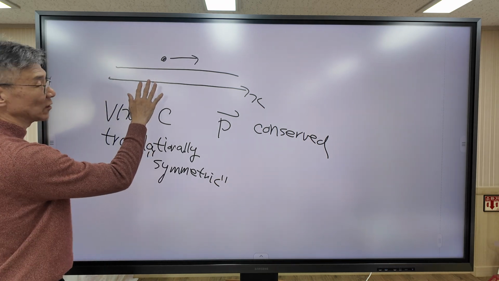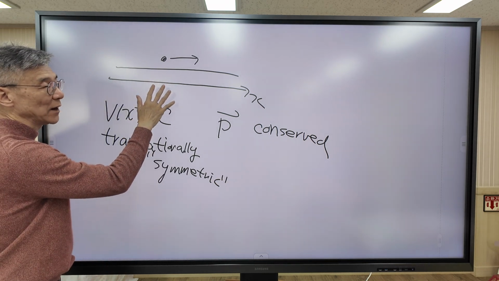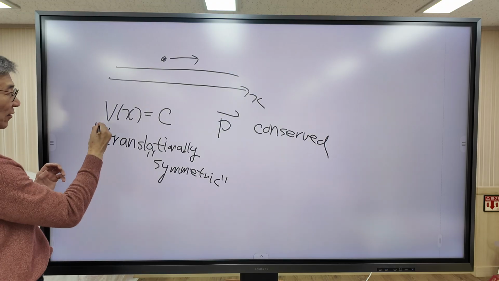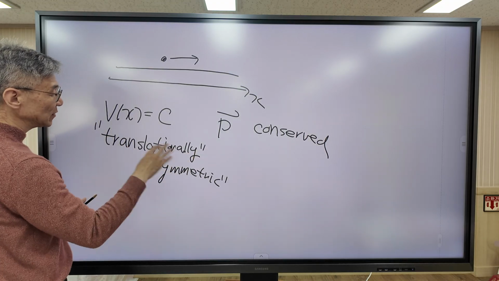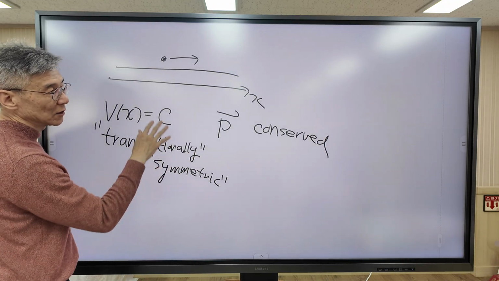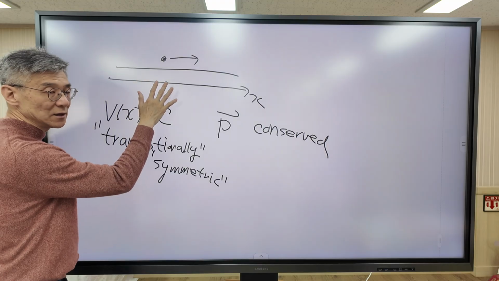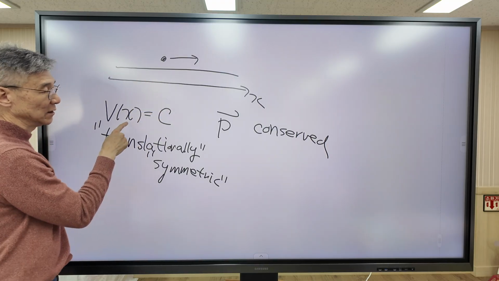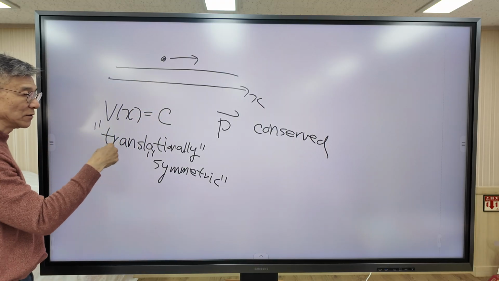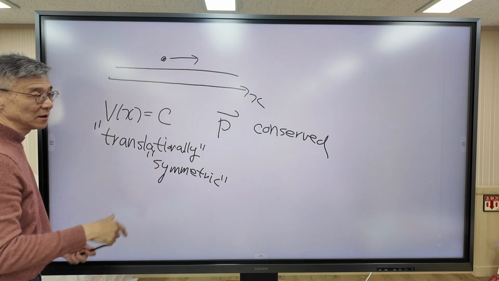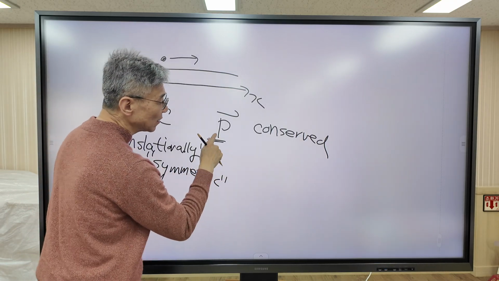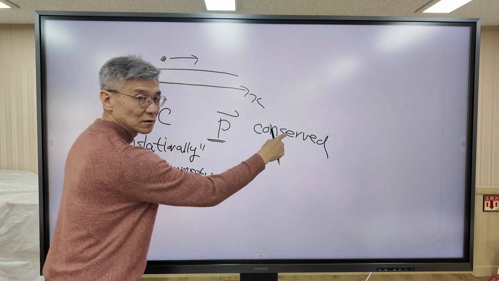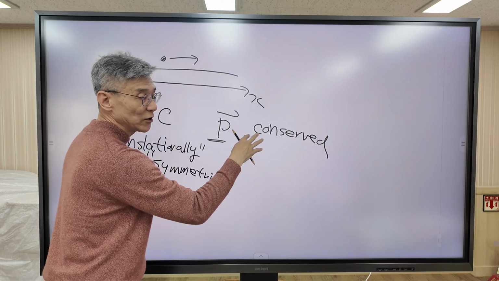The potential energy does not change with respect to x. It means, another way of saying, translationally symmetric. The potential energy does not change with respect to x. This is another way of saying translationally symmetric. Then linear momentum is conserved. It is not changing.